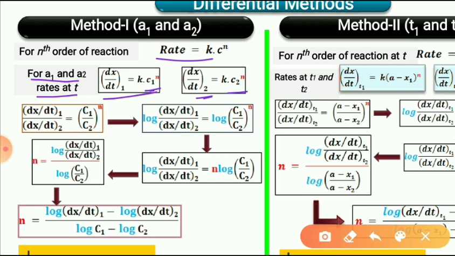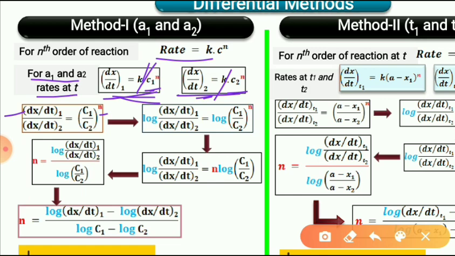These are the two different rates of the reactions at time t for initial concentrations a1 and a2. Now we take the ratio of these two equations, so we get dx upon dt1 upon dx upon dt2 equal to c1 upon c2 raised to n, where k gets cancelled because it is the same factor.